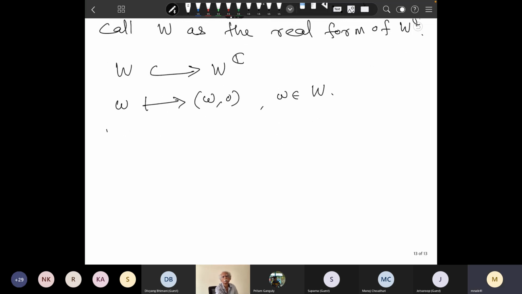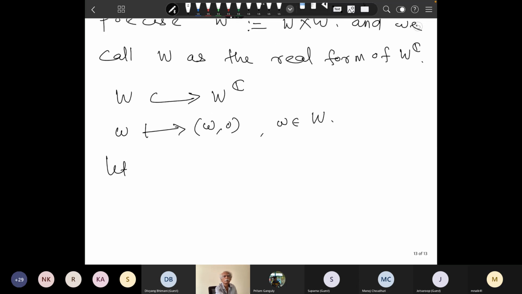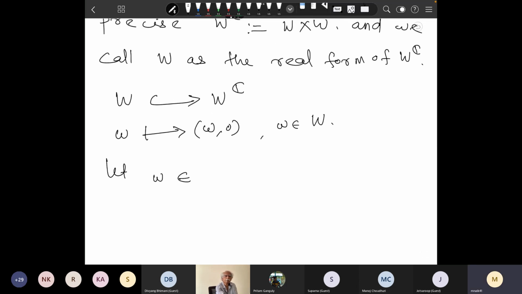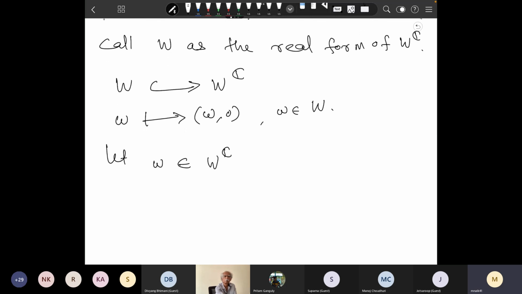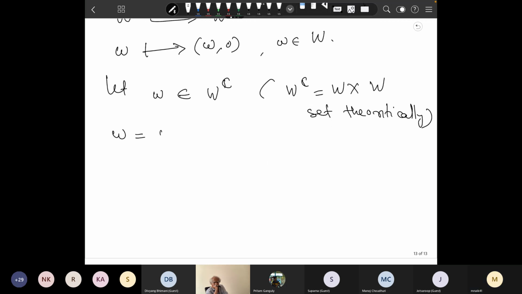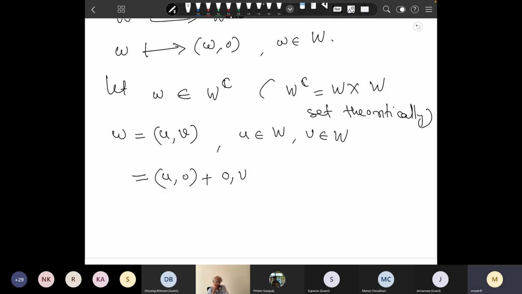Let w belong to W_C. Set theoretically, W_C is nothing but W plus W. So I write w equal to (u,v), where u belongs to W and v belongs to W. Now I can write (u,0) plus (0,v).